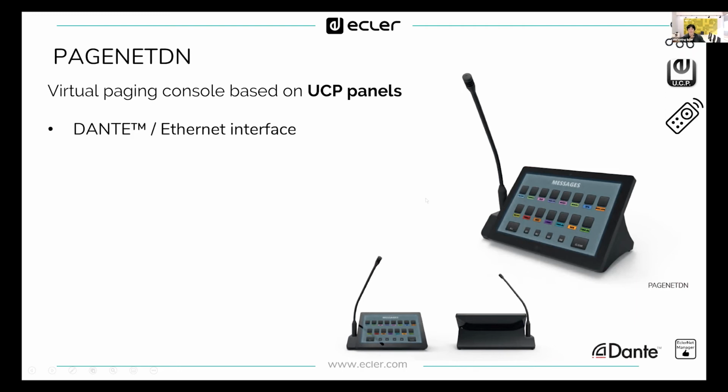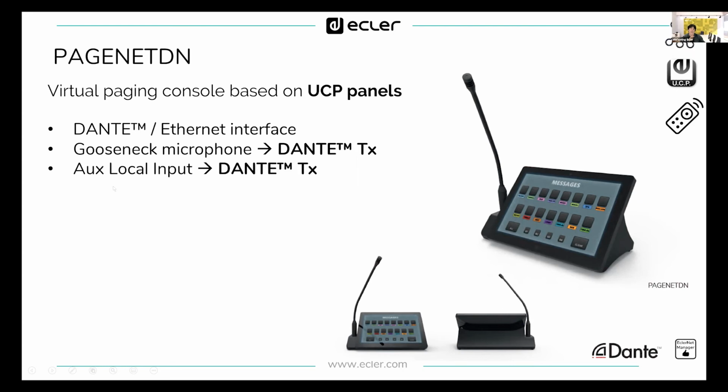It's a Dante Ethernet interface. The microphone is connected to a Dante transmitter, and you have an auxiliary input connected to another Dante transmitter, so you have two Dante transmitters. One is the microphone, and the other one you have in the bottom.